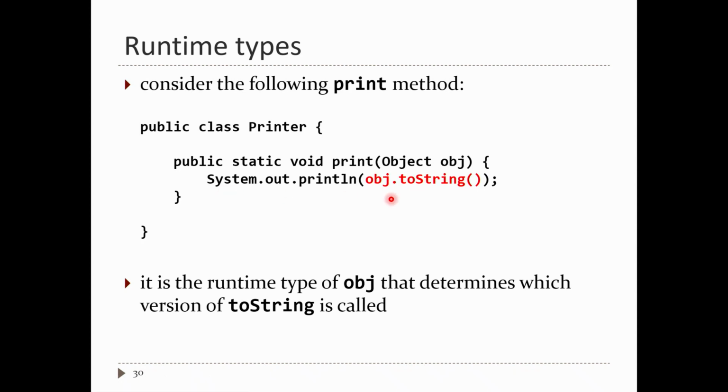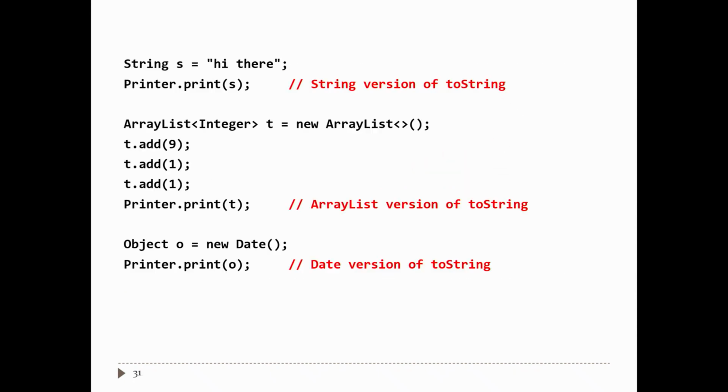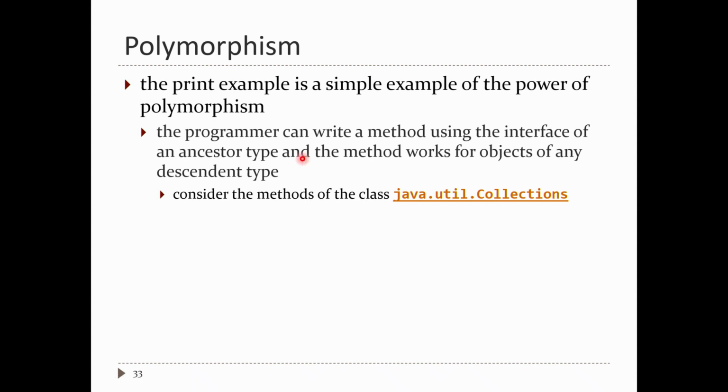Great. I can write code using the documentation or the contracts, preconditions, postconditions, class invariants, however you want to think about it. I just look at what an Object can do, and I can write code that will work, or is supposed to work, regardless of what type of object gets passed into this method. That's a very powerful thing to do.